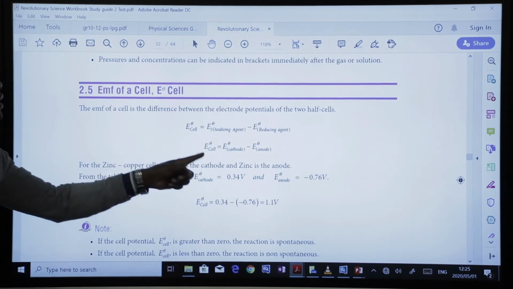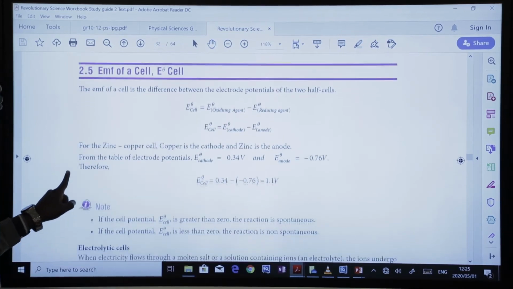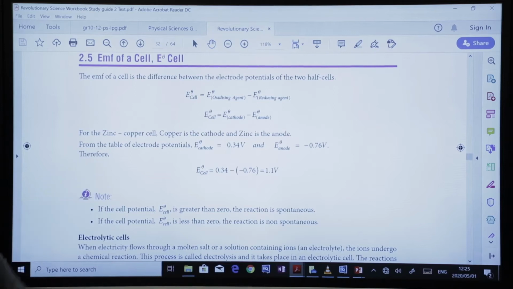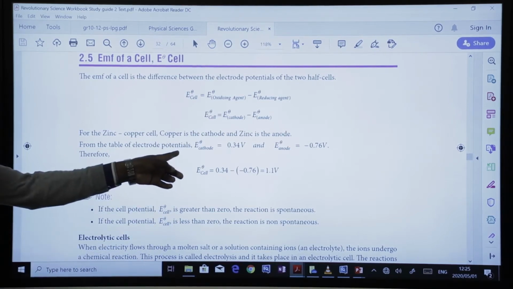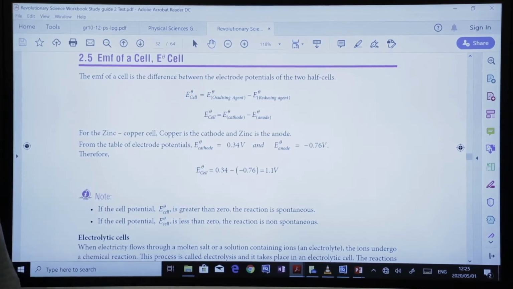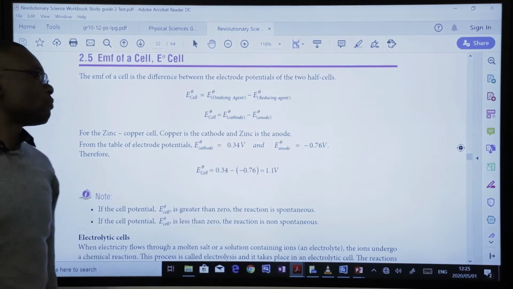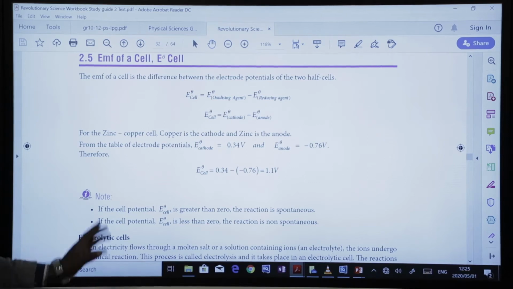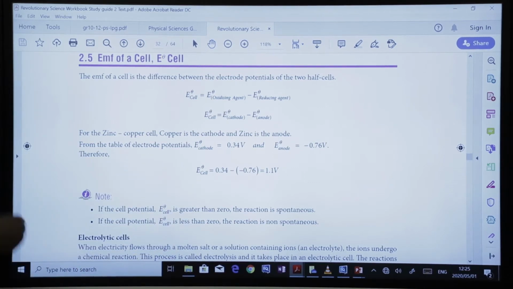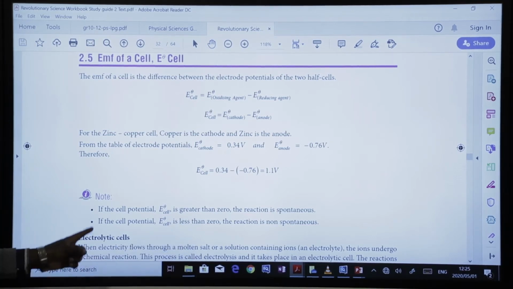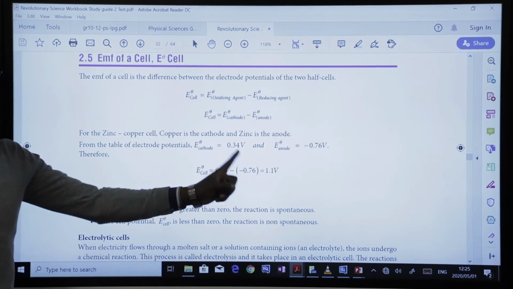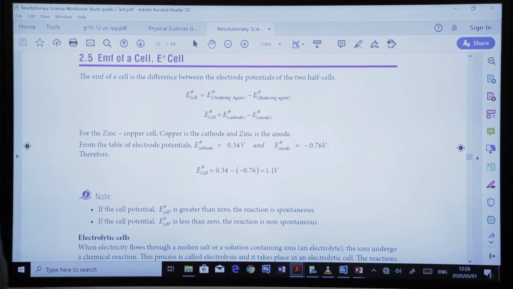And when we say E cell is equal to cathode minus anode, you will see from the table of electrode potentials that the E of the cathode is equal to 0.34, and that of the anode is minus 0.76. So for the overall cell, if you say 0.34 minus minus 0.76, it will give you 1.1 volts, which shows that this reaction can take place.